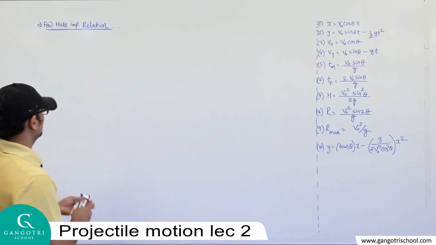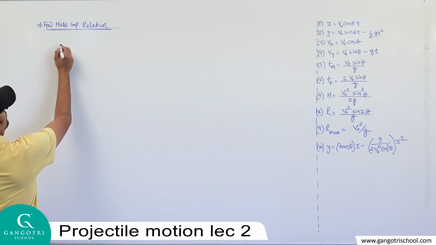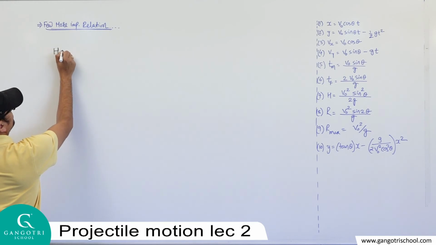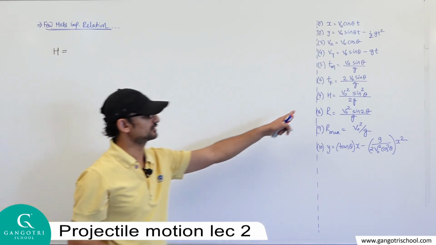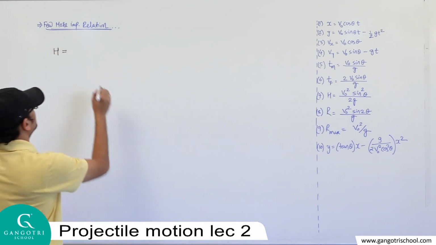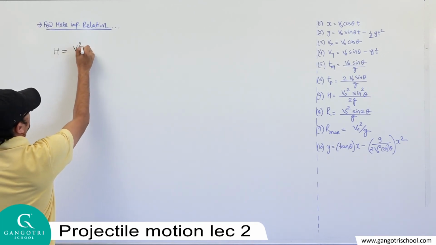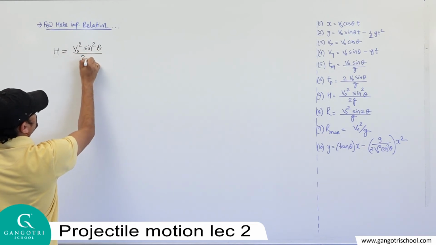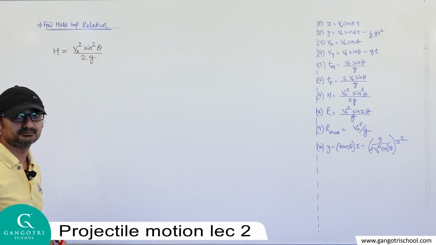For example, look here, we know the equation of maximum height. This is the equation of maximum height. Again here I will write v0 square sin square theta upon 2g is the equation of maximum height.